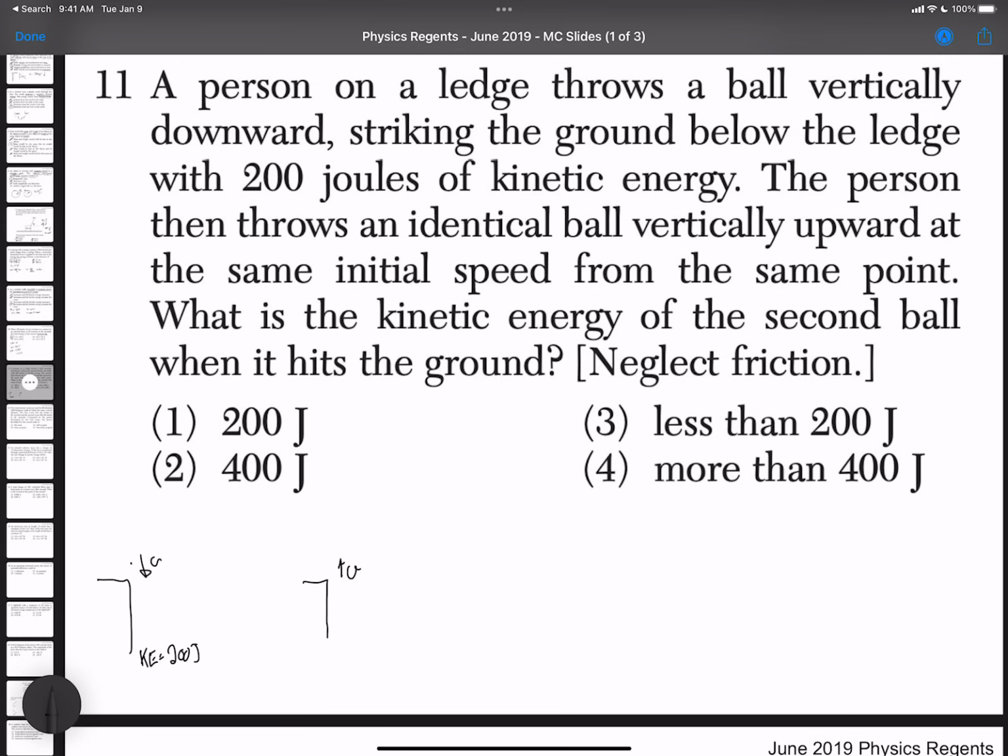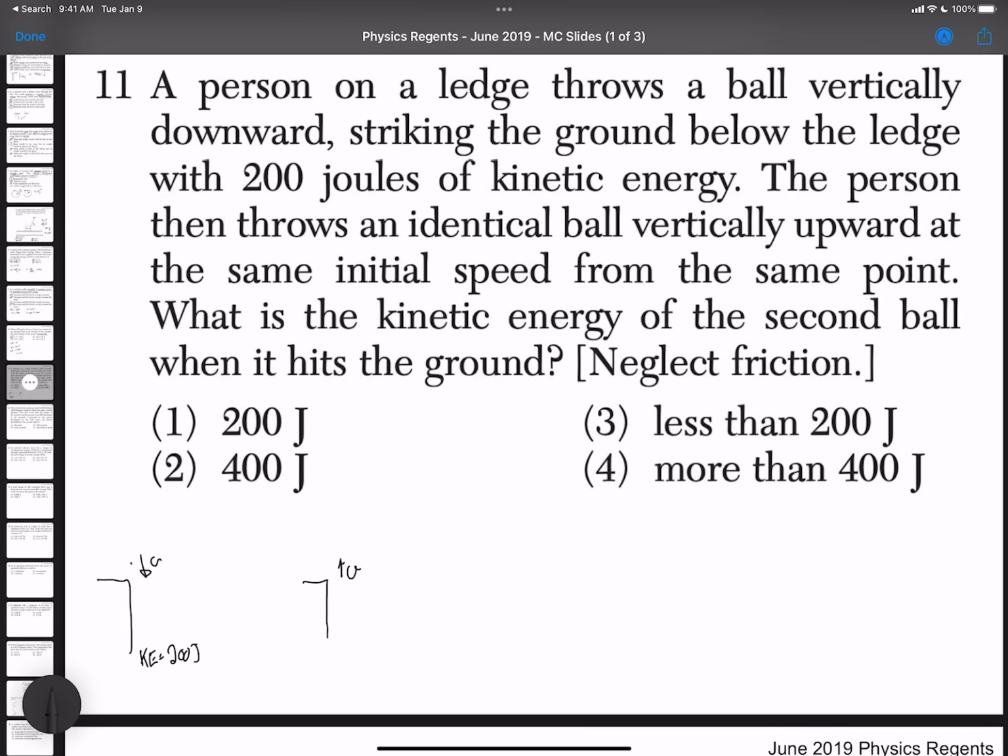Well, remember, when we're talking about conservation of energy, kinetic energy is always a positive number. It doesn't matter that the ball is going upwards or that the ball is going downwards. The ledge is the same and the mass is the same, so the change in potential is the same for both of them.